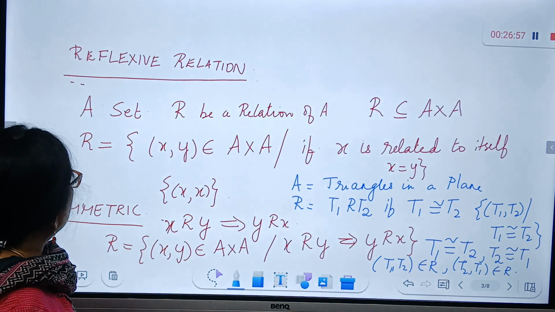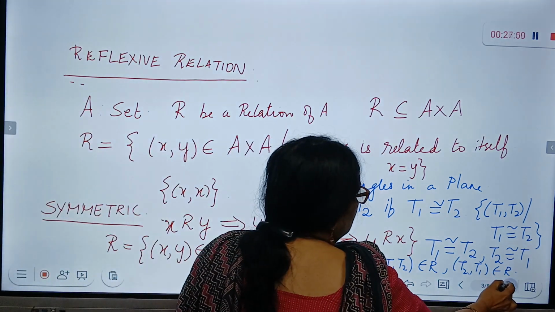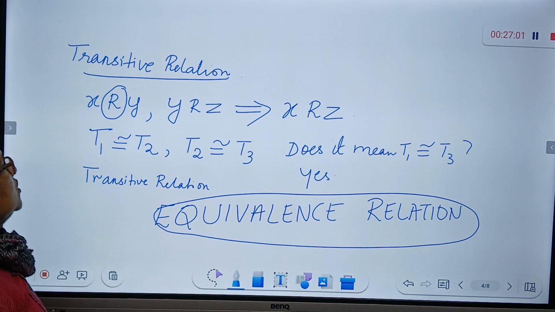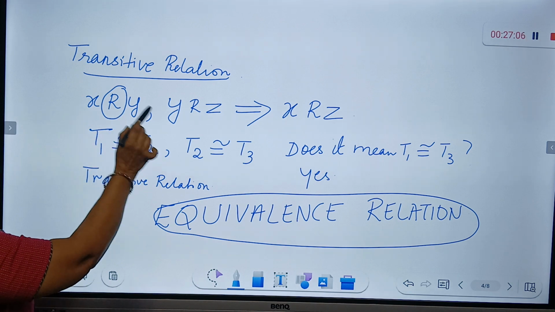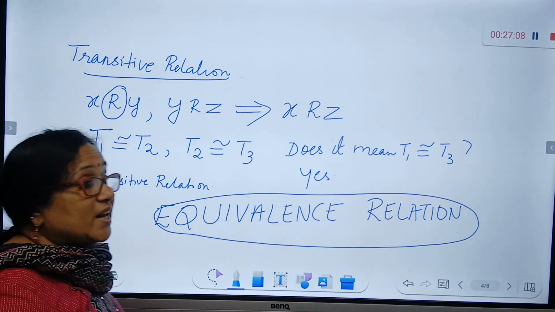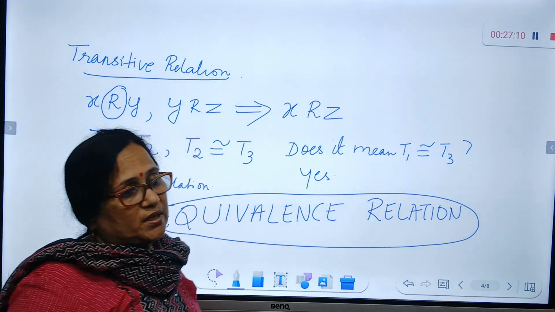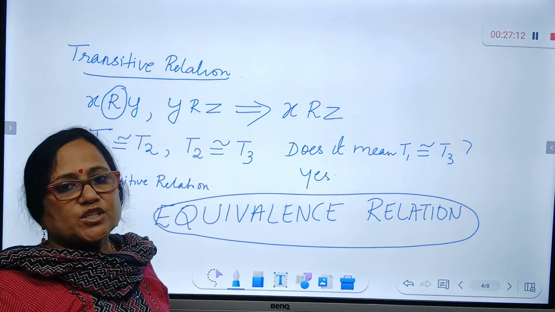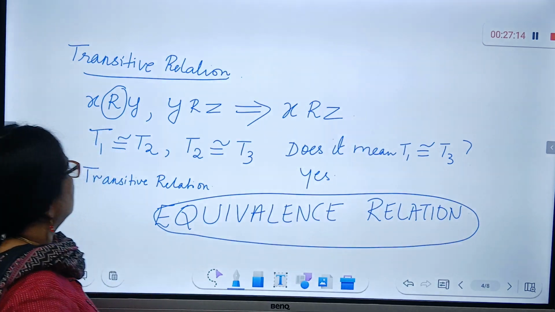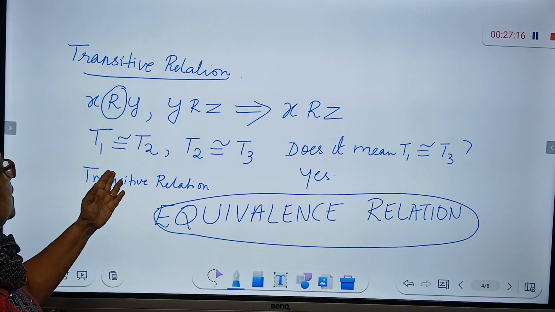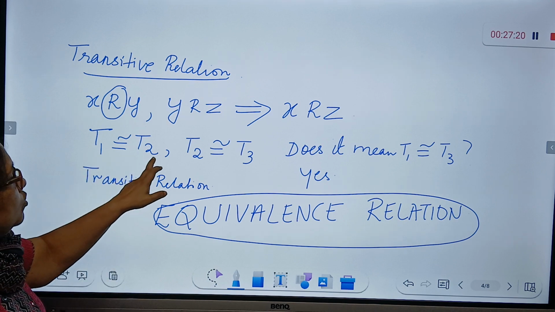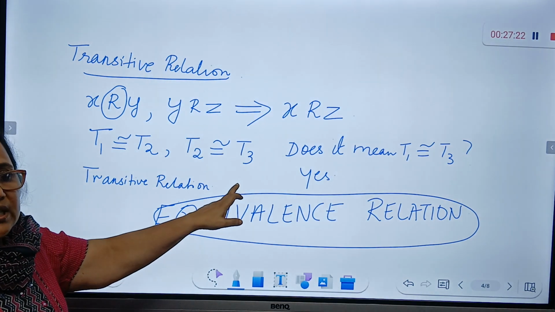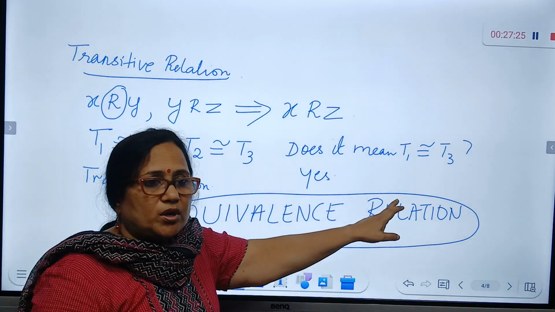Now, what about transitivity? What is the definition for a transitive relation? If x is related to y and y is related to z, does it mean x is related to z? If yes, then such a relation is called a transitive relation. Let us look at the same example of triangles in a plane. If T1 is congruent to T2 and T2 is congruent to T3, does it mean T1 is congruent to T3?